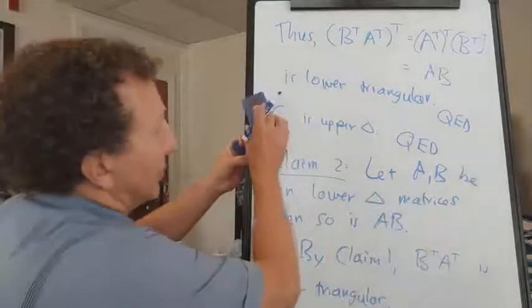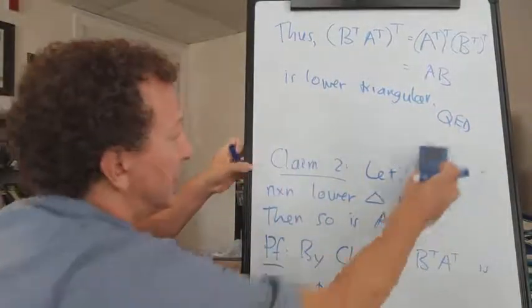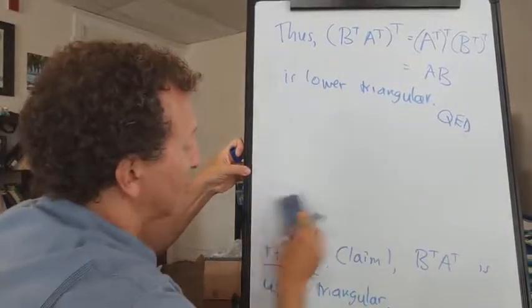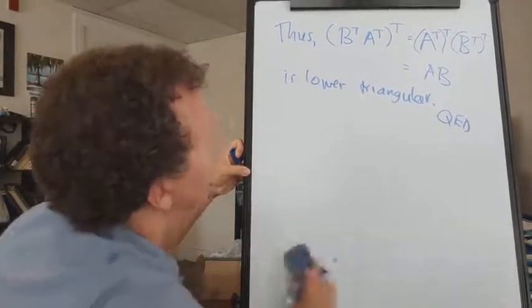And that's all there is to show. So the product of two lower triangular matrices is lower triangular.